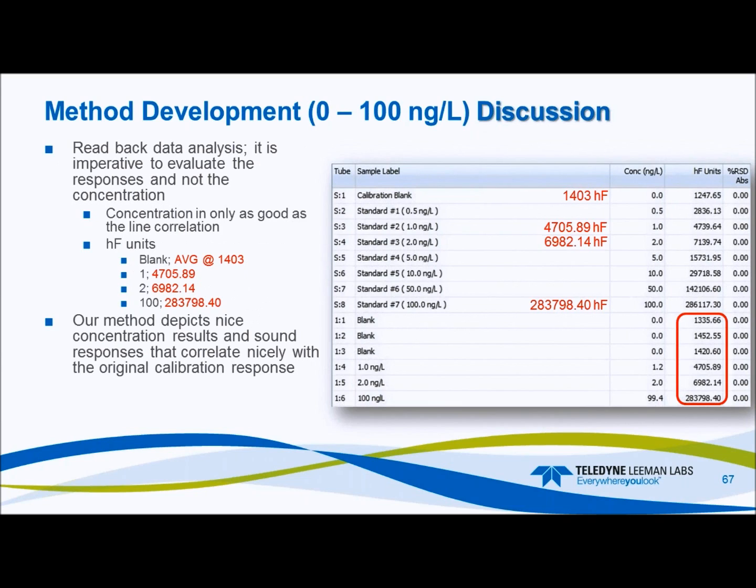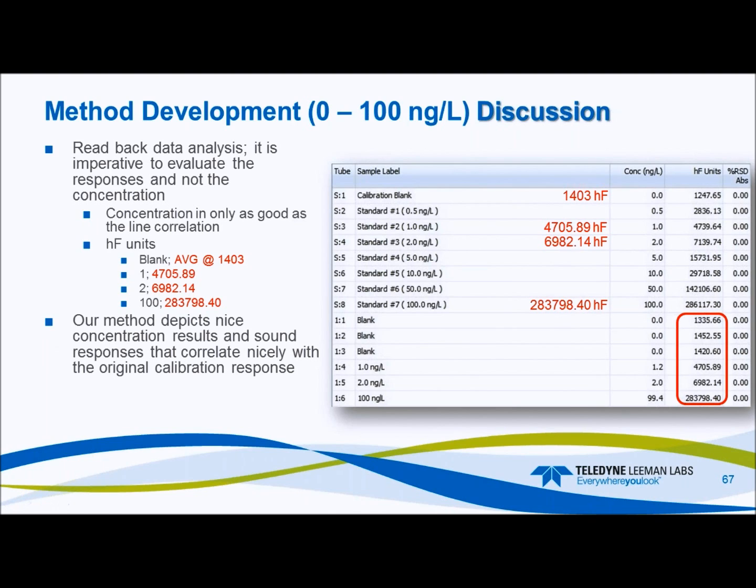Let's look at the responses. So the average response was 1,403, which is virtually the same number. The 1 came in at 4,705, and we have 4,739, basically the same. The 2 is at 6,900, 7,100, basically the same, and the 100 came in at 284,000, 286,000.